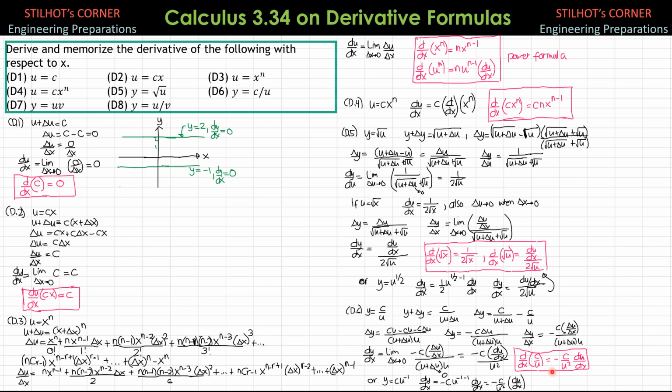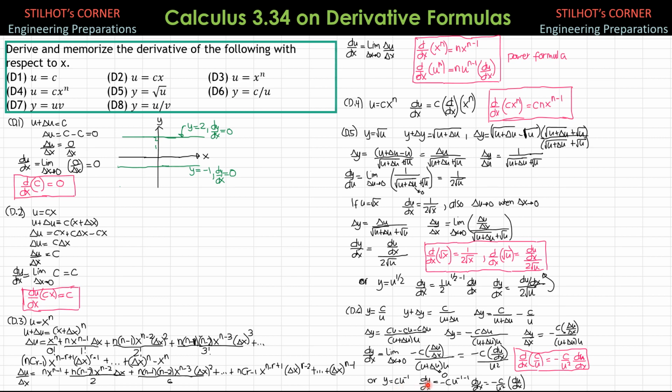So if we encounter y equals c over x, then you just replace du dx by dx dx, which is 1. So negative c over x squared. That would be the formula if we have the derivative of a constant over x. The other shorter way is using the power formula. y equals c u to the negative 1.